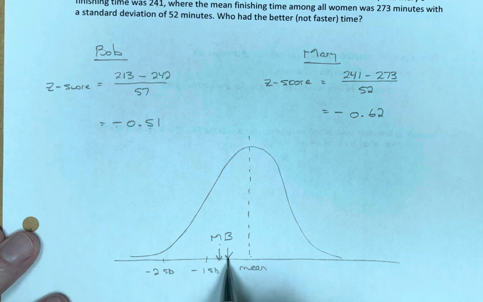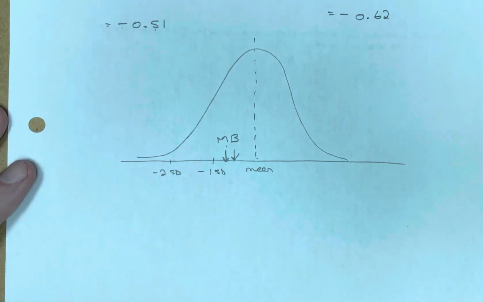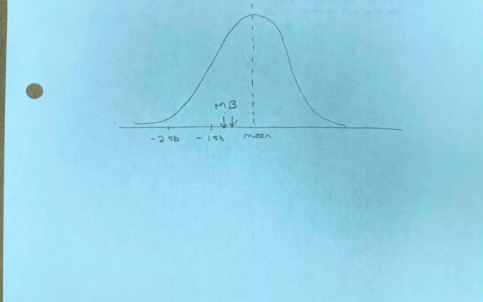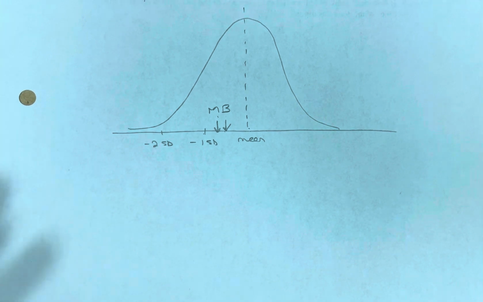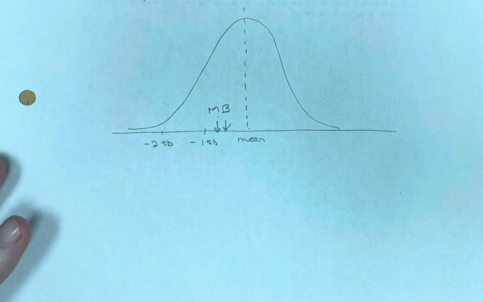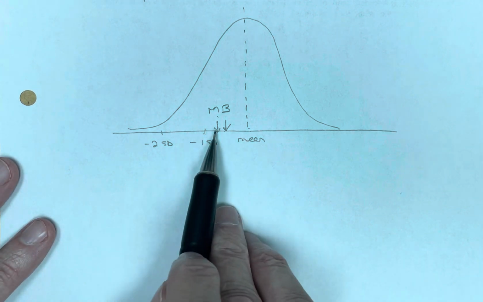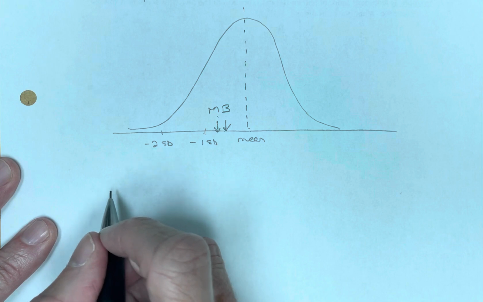Bob was below the mean by 0.51 standard deviations. Whose time was better? We already know Bob's time was faster, but that's because men tend to be faster than women, not a particularly fair comparison. But when you compare them within their categories, Mary's time was better because she was further below the mean. Let's just make a note of that.